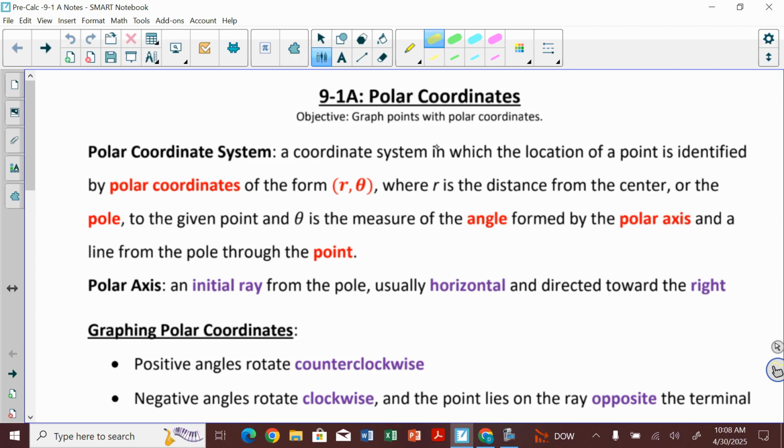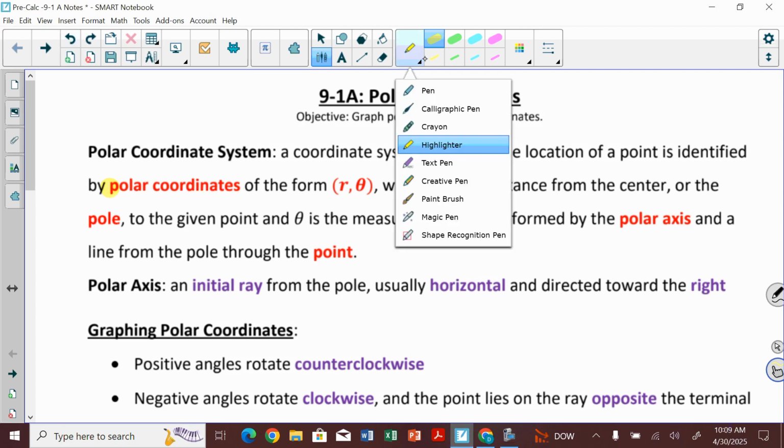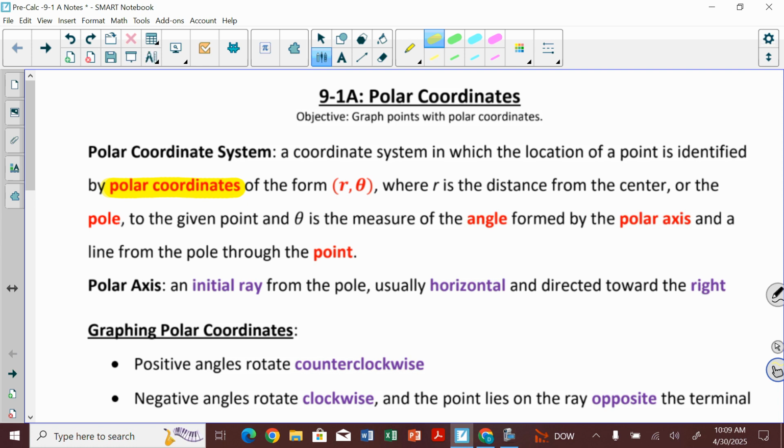It's a coordinate system in which the location of a point is identified by polar coordinates. So a little bit different than what you've worked with when we talked about an XY coordinate system. That's like a basic one. Polar coordinates are in this form: r comma theta.